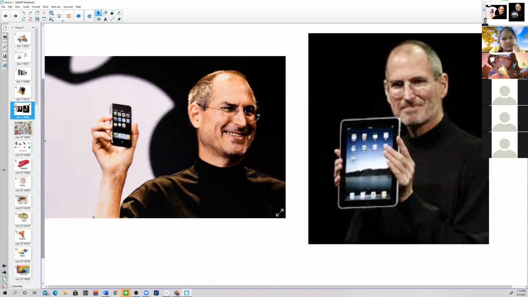Do you know? No. He is Steve Jobs, or he was Steve Jobs. He passed away, unfortunately, very sadly. He had cancer and he passed away.